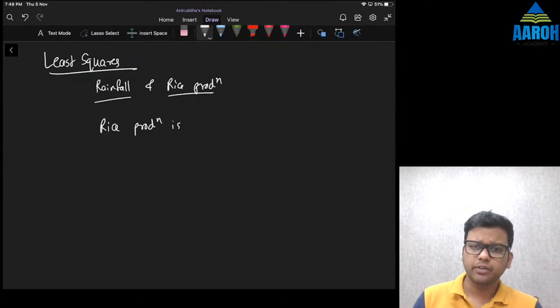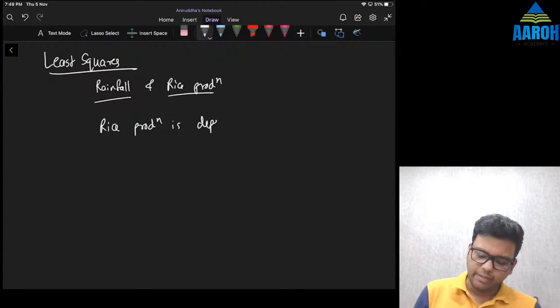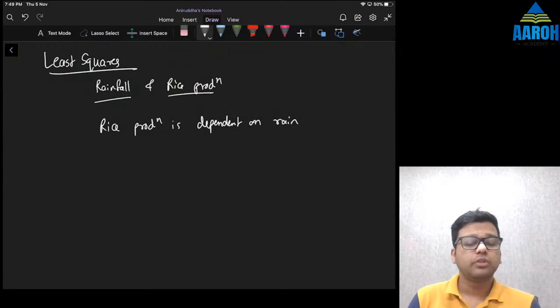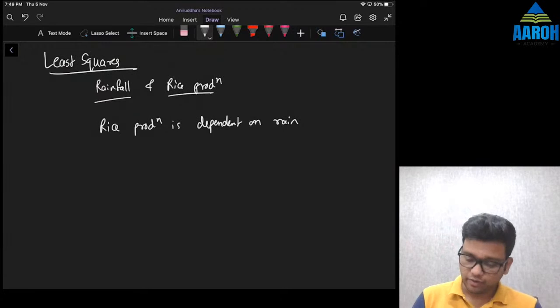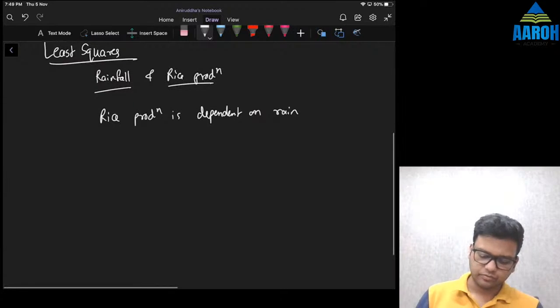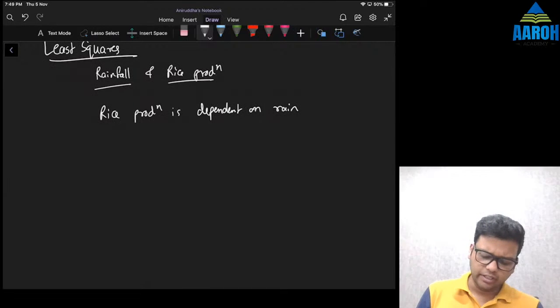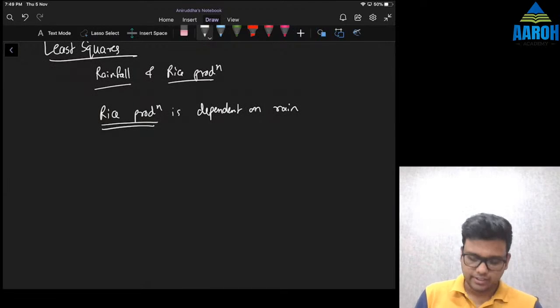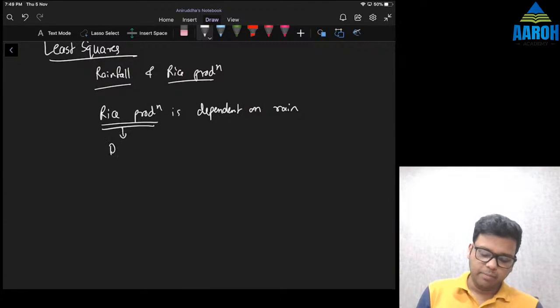Very good. Rice production is dependent on rainfall. It is not the other way around; rainfall is not dependent on rice production. That means here we'll call rice production the dependent variable and rainfall the independent variable.